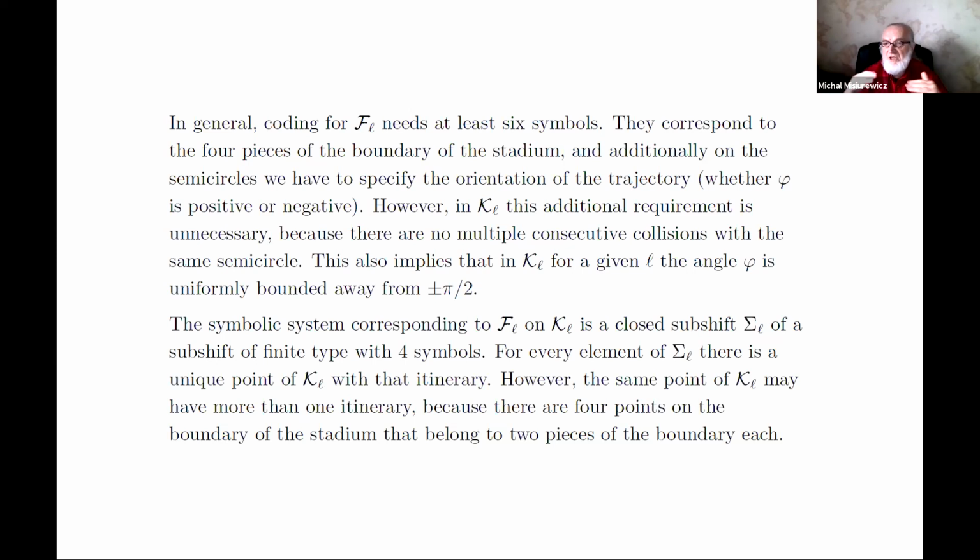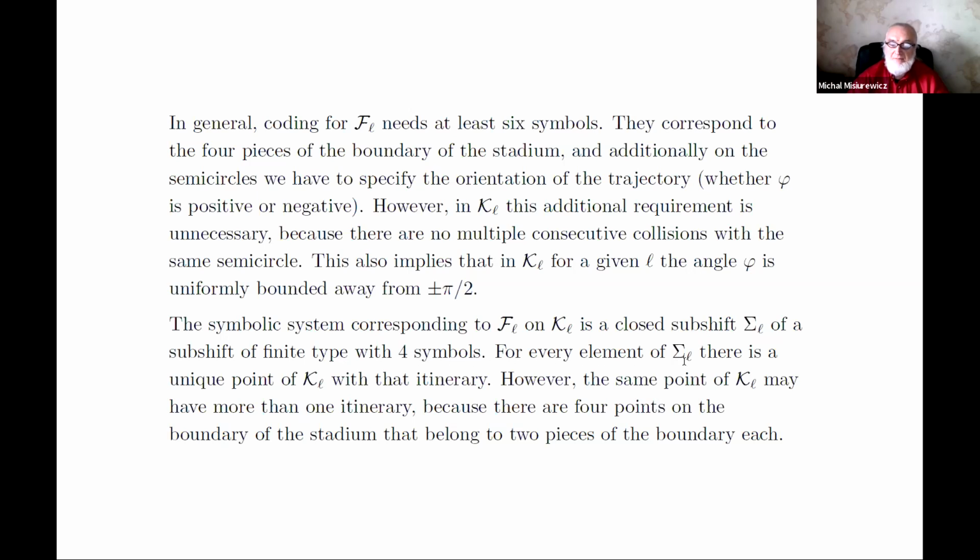You can see it easily, because close to plus or minus pi half means close to tangent. Of course, if it's close to tangent, then at the next time or the previous time there will be a collision with the same semicircle. So it's bounded away from plus or minus pi half. So, okay, the singular set in the whole phase space is avoided. Okay, so we have 4 symbols. We make the coding.